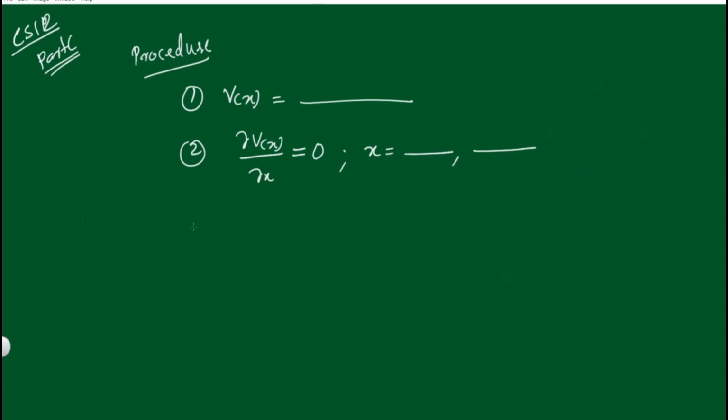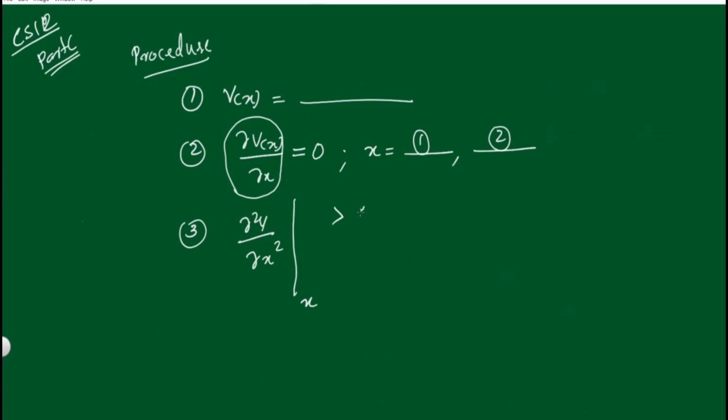The third step, you take the derivative of this function once again, that is dou square V by dou x square, and you substitute these x values. So maybe you get this one greater than 0 or this one less than 0.